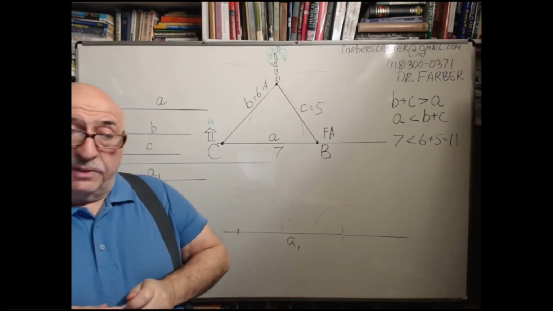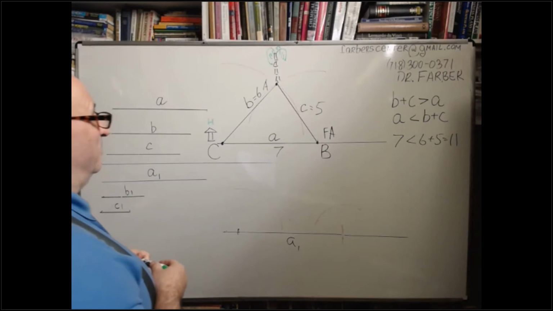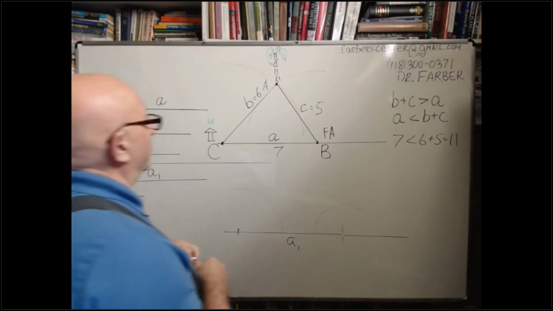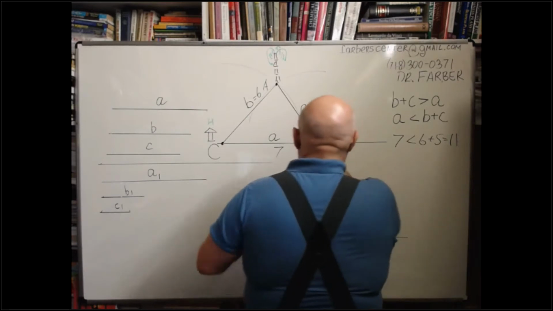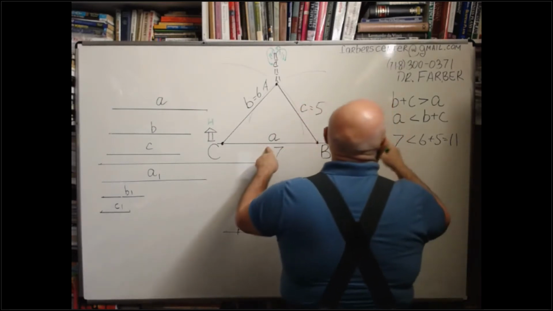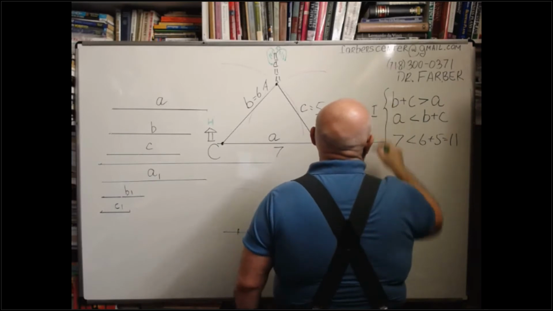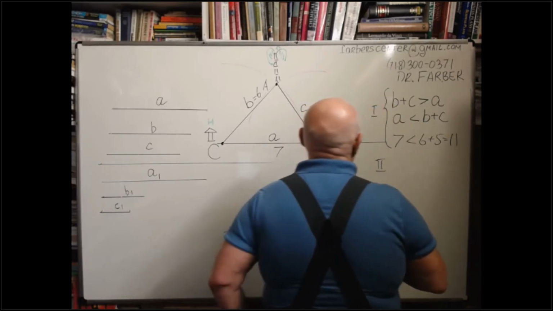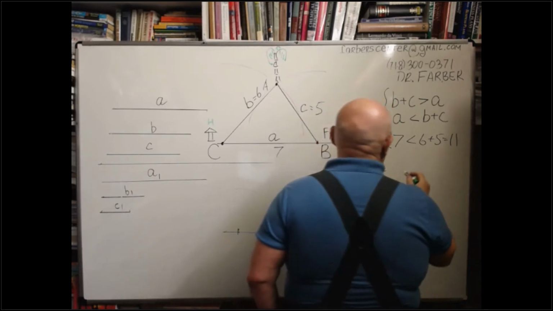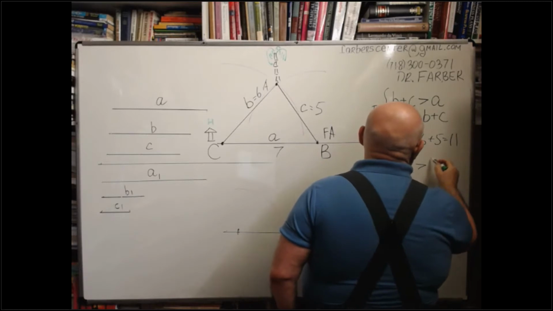But there is not just one condition. We have another one. Any side of a triangle, let's say A, this is condition number 1, the first one. And the second condition, in order for a triangle to exist, any side of the triangle A must be greater than the difference between two sides.